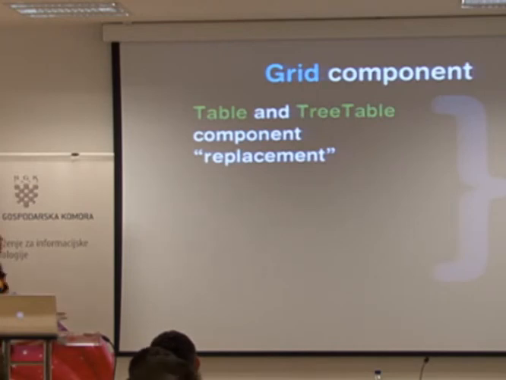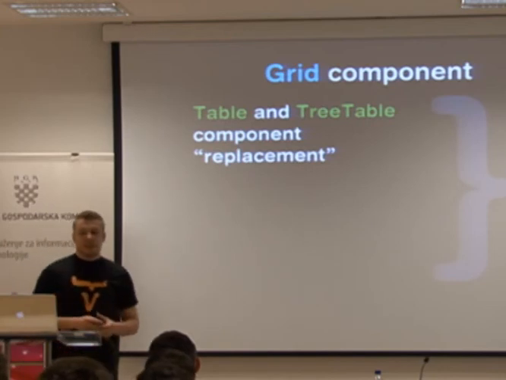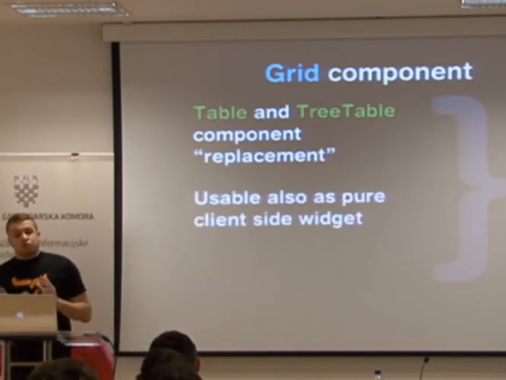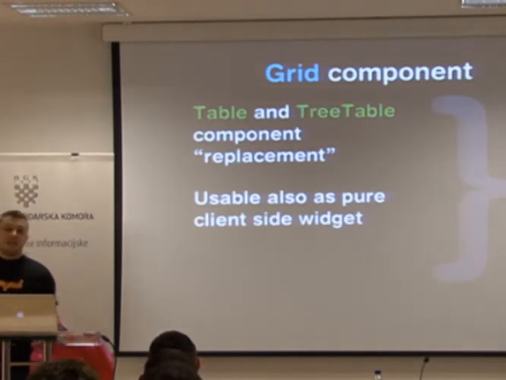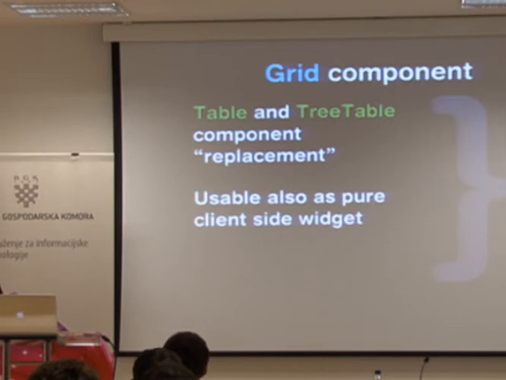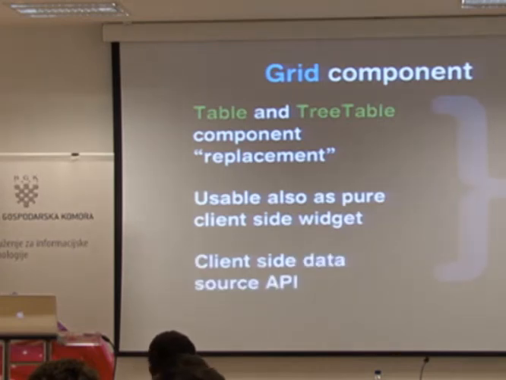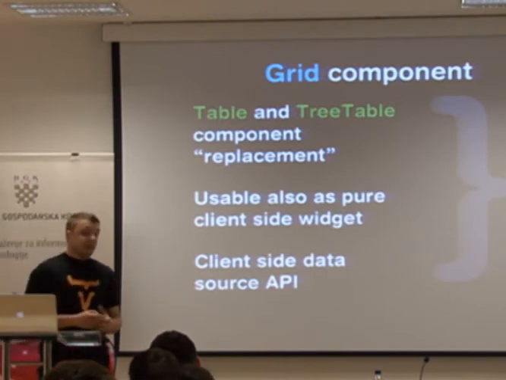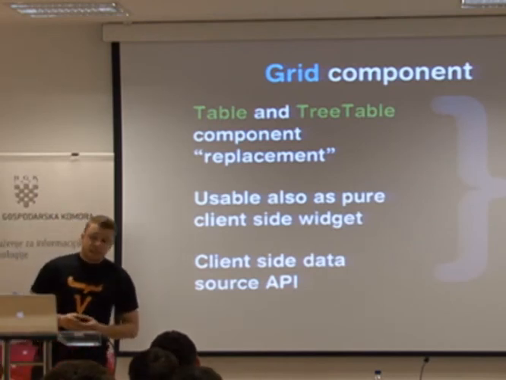Anyway, what is new is that there will be a new data component called Grid. So you already saw Table and TreeTable, and those work with relatively small sets of data, but Grid is designed completely from the start to support large data sets and also work as a pure client-side widget without the server backend if so wanted.